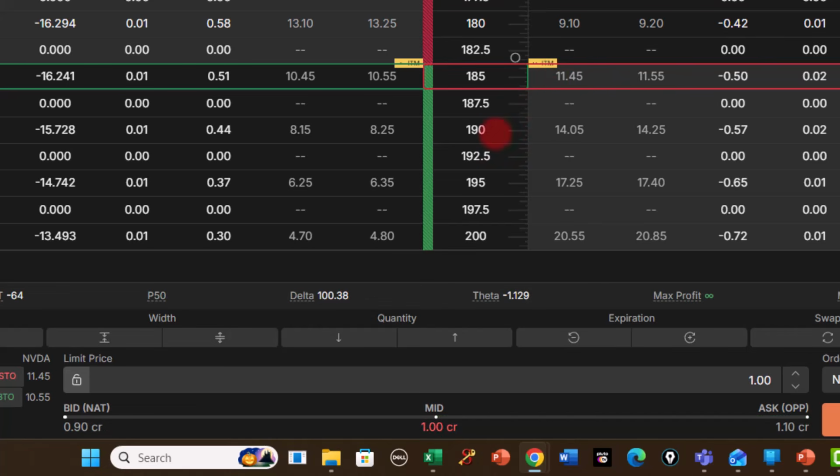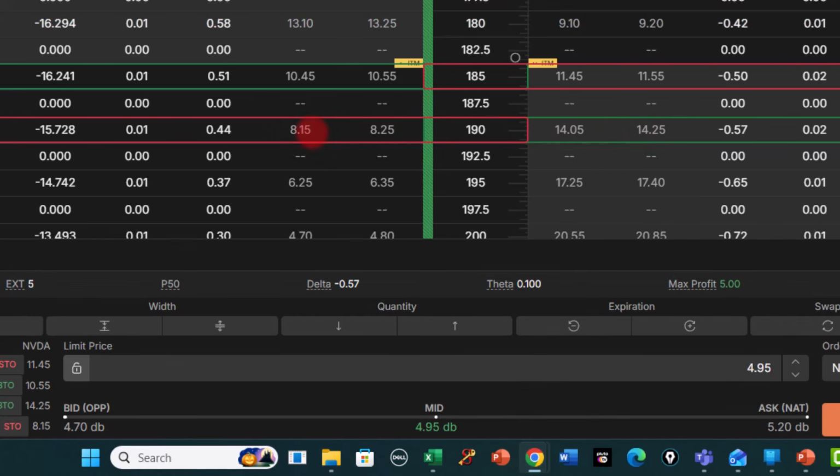And then for the put spread, we would buy the, let's say, 190 put and sell the 190 call. And so there we have it. And if you look down here, it's telling you that the natural is $5.20. So you'd have to pay $5.20 plus commissions to collect 5 at expiration.